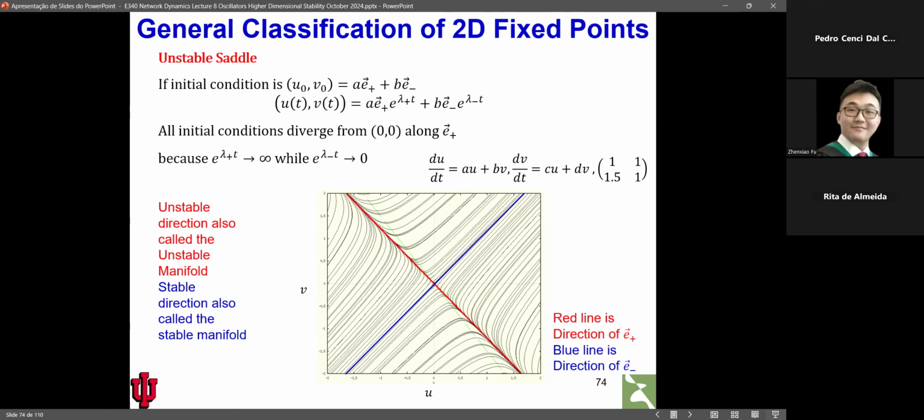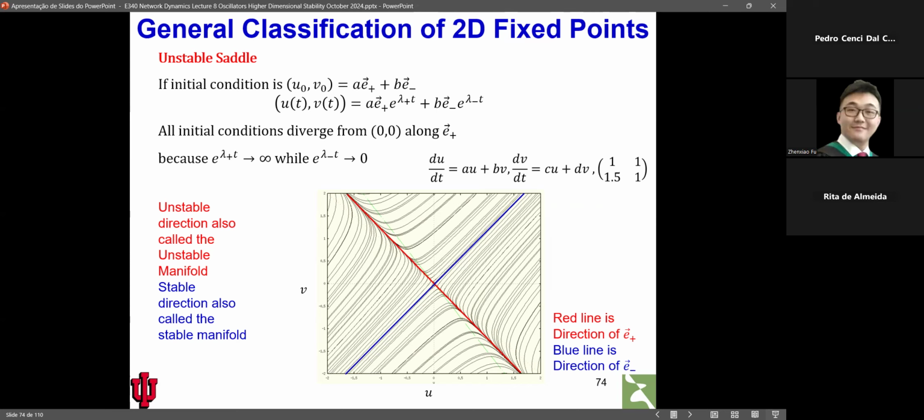But suppose you have a higher dimensional problem, then you'd have a collection of lambdas that would be positive, and the directions associated with them expand the subspace where all these directions are running away from the fixed point.